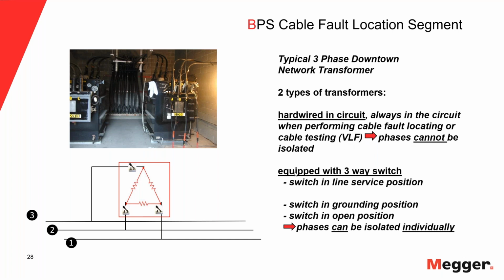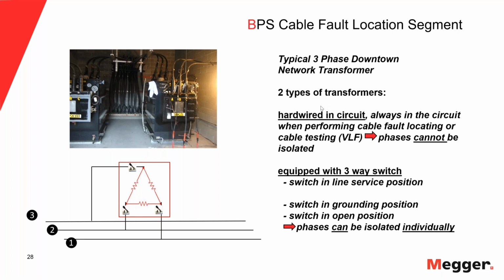And there are other transformers where you have three-way switches in them. I try to indicate this here. You have phases 1, 2, 3, the delta transformer, and the switches. The switch has 3 positions.